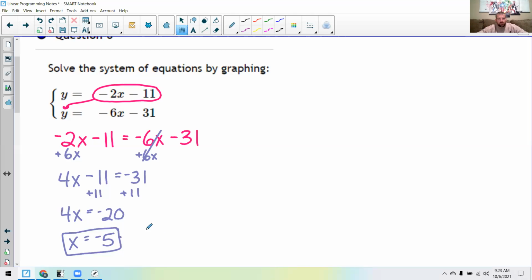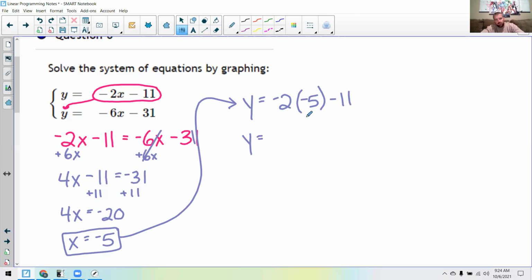That's only half the answer. Whoops, don't cover that 31 up. To figure out what y is, you can plug negative 5 back in either equation. y equals negative 2 times negative 5 minus 11. y equals, this is going to be positive 10 minus 11. y equals negative 1.